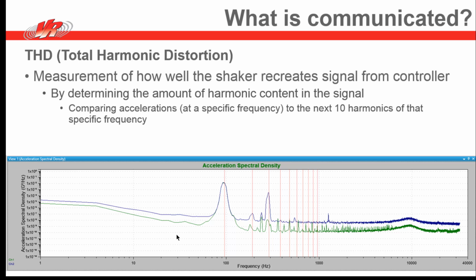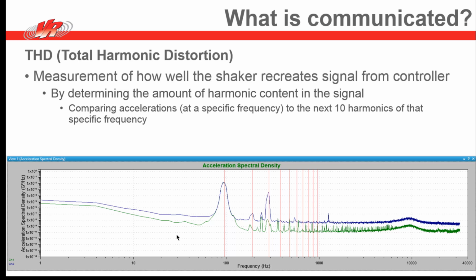And so you're interested in knowing how much distortion has occurred, and the software calculates the next 10 harmonics of a particular frequency and determines how much harmonic content is there compared to the fundamental. The more harmonic content there is in that signal, the greater the total harmonic distortion is.